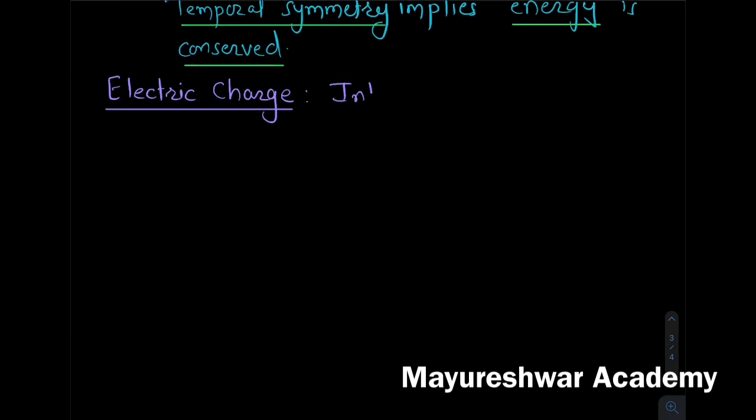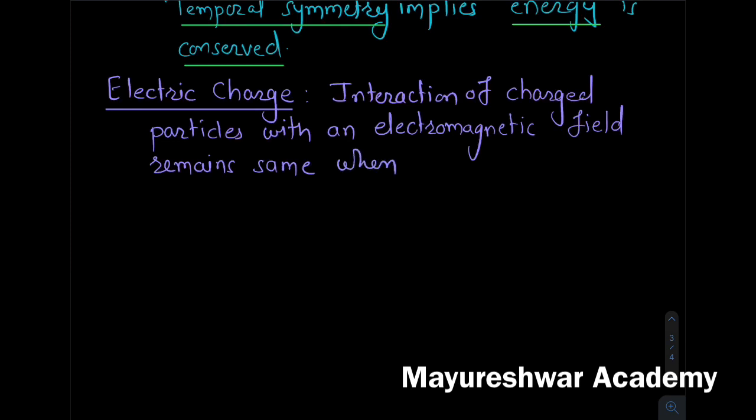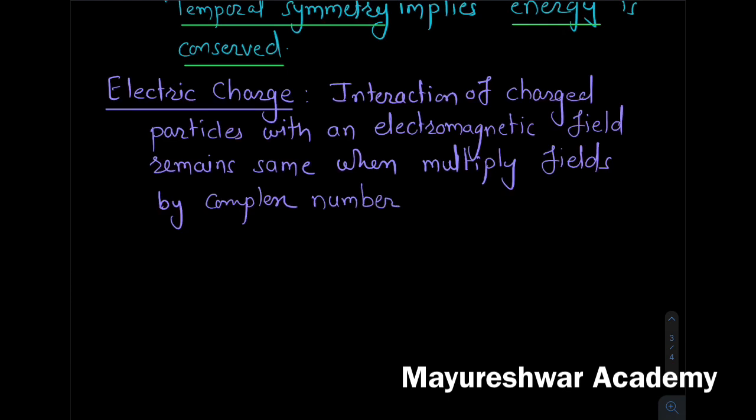It states that the interaction of charged particles with an electromagnetic field remains the same when we multiply the fields by a complex number e to the power i phi.